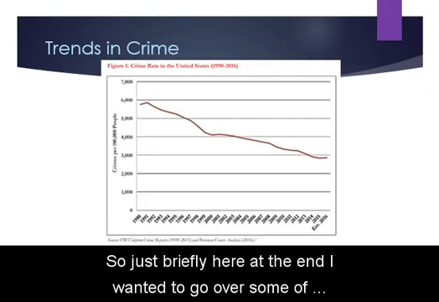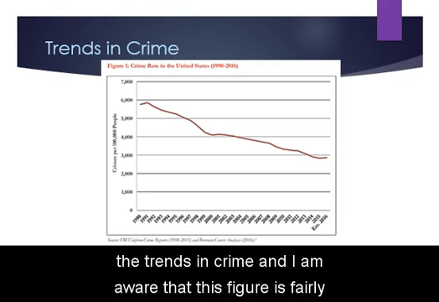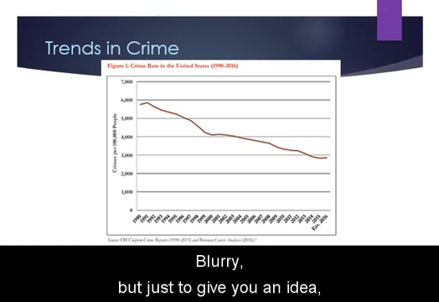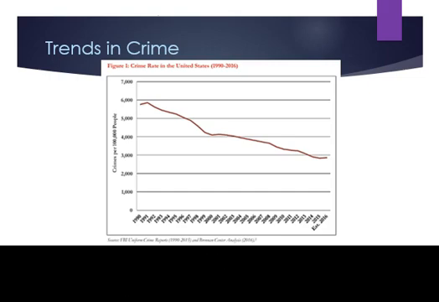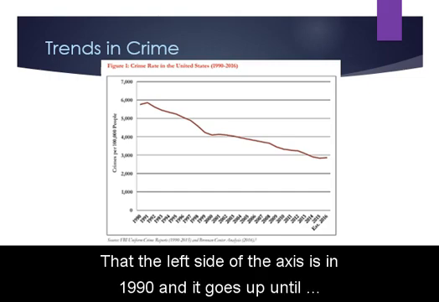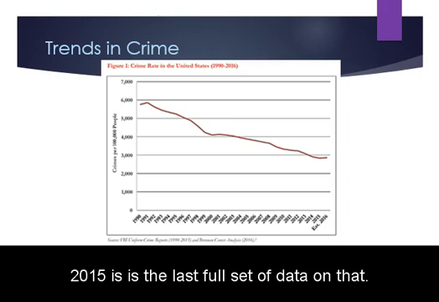So just briefly here at the end, I wanted to go over some of the trends in crime, and I'm aware that this figure is fairly blurry, but just to give you an idea, the axis on the left side starts in 1990 and goes up until 2015, the last full set of data.